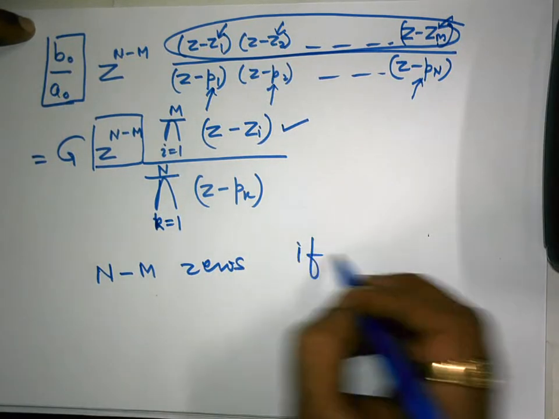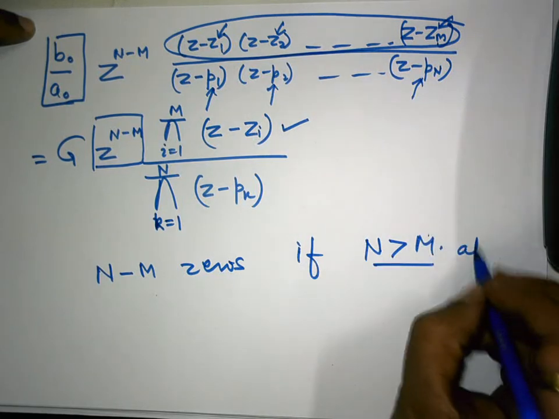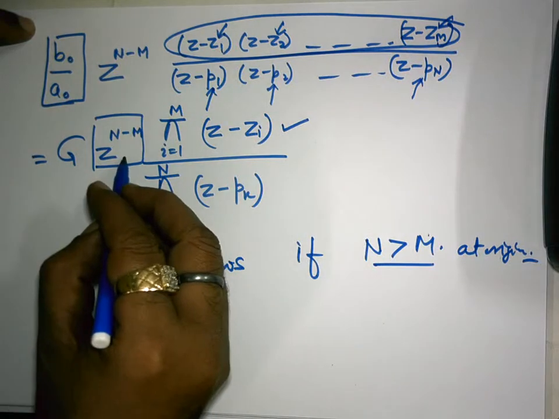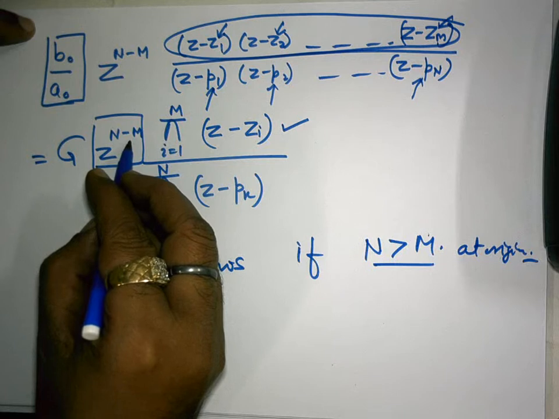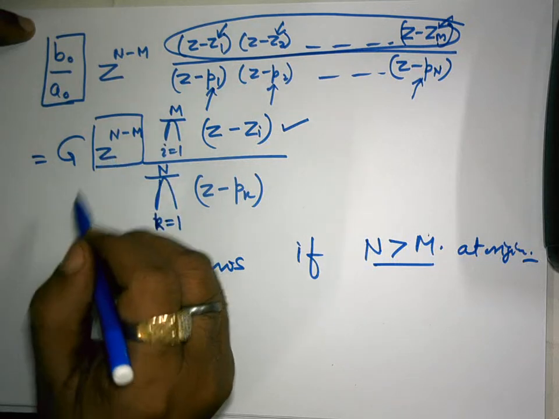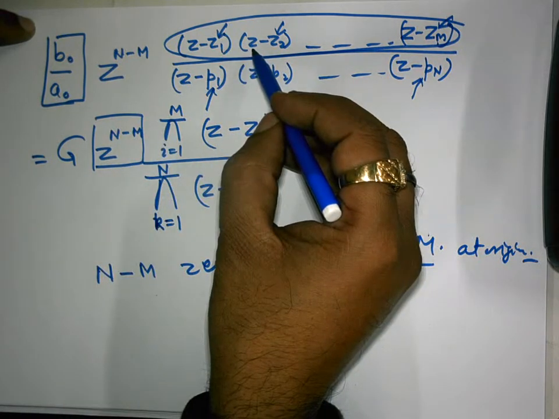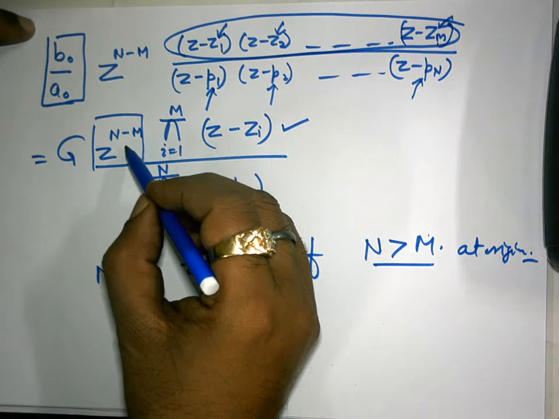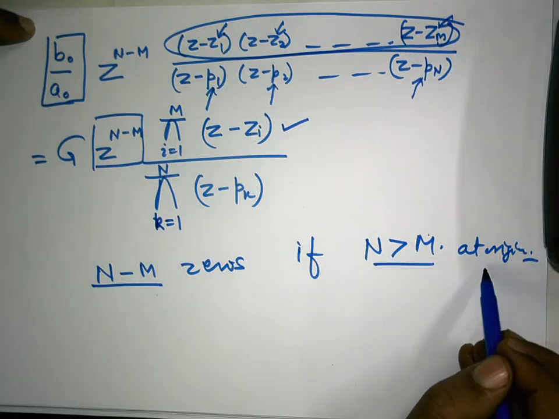if n is greater than m, at origin. Okay, this term will contribute if suppose n is greater than m. Okay, am I right? M corresponds to this term. Okay, naturally if n is greater than m, it is going to give you n minus m zeros at origin.